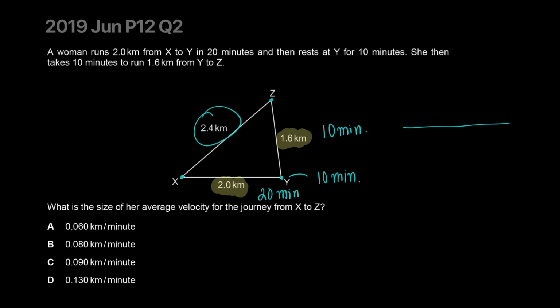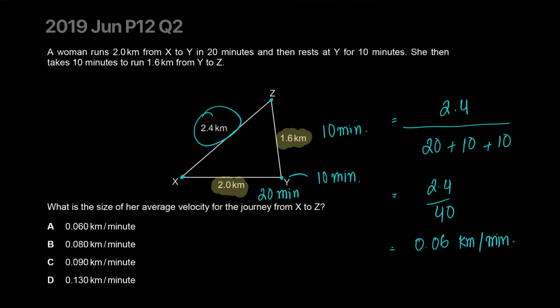She was actually displaced 2.4 kilometers, and the total time she took for that displacement was 20 plus 10 plus 10, that's 40. 2.4 over 40, that's 0.06 kilometers per minute.